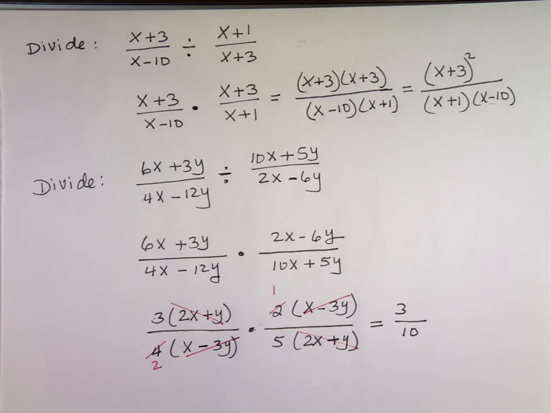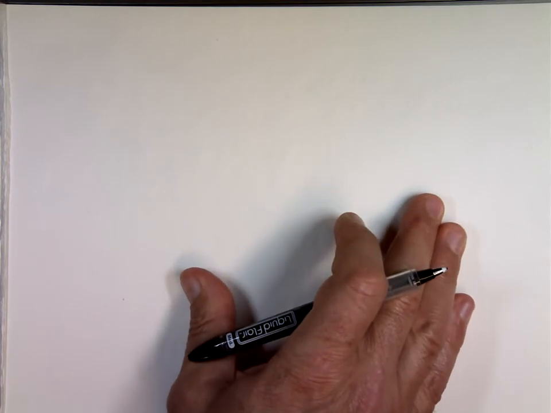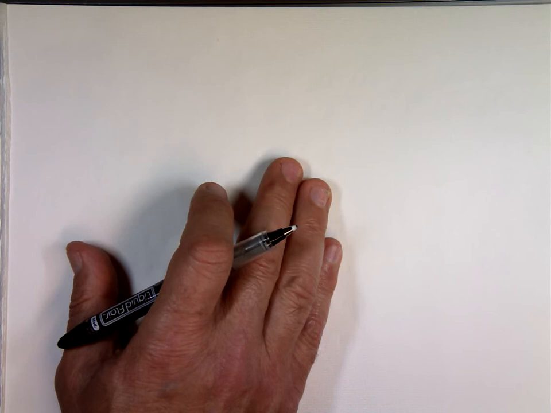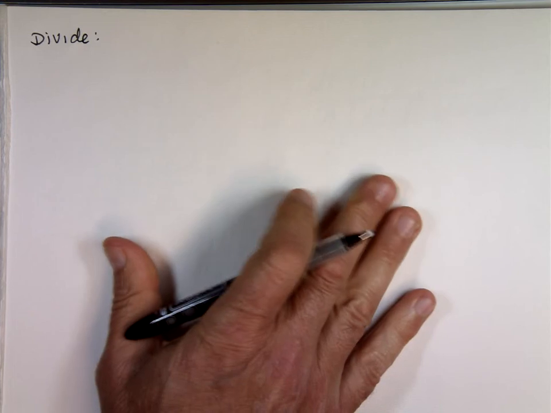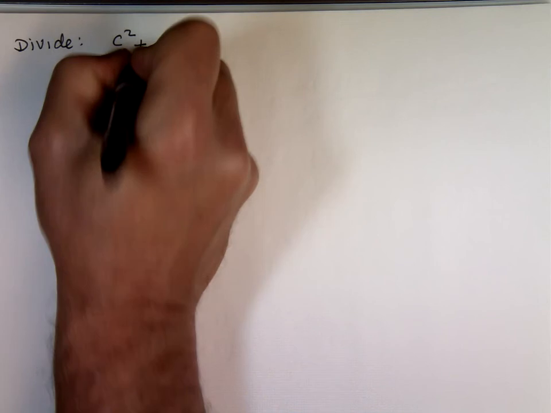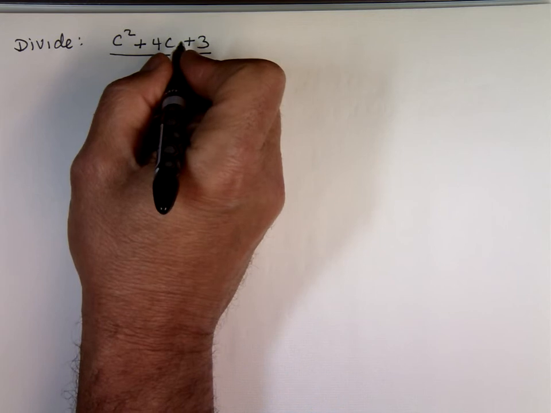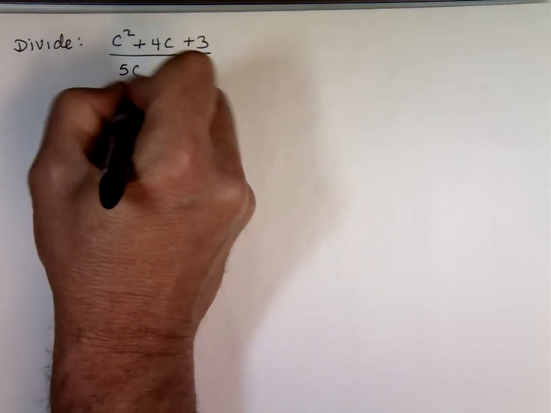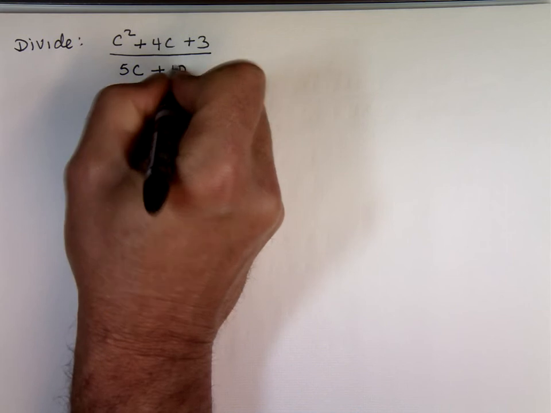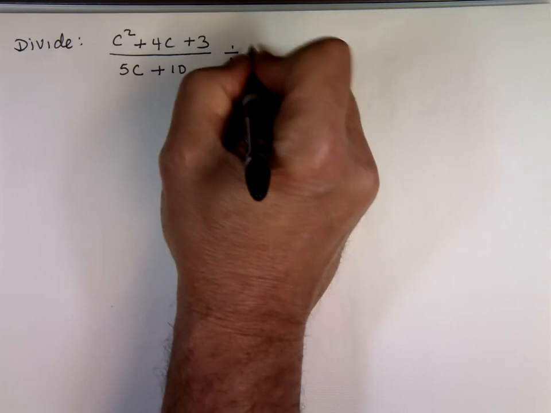Let's try one more. Divide c squared plus 4c plus 3 divided by 5c plus 10, the whole thing divided by c squared minus 1 over c.